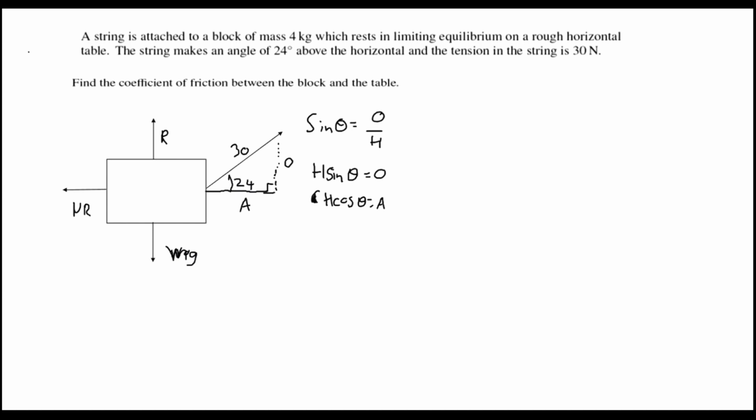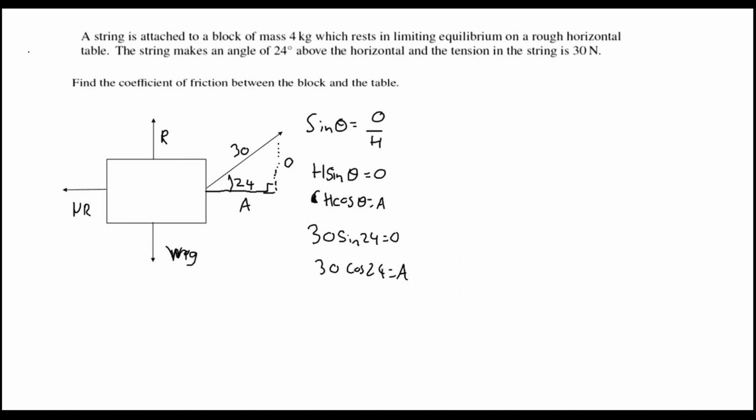We know the hypotenuse, which is 30, and the angle, which is 24. So we can say 30 sine 24 is equal to opposite, and 30 cosine 24 is equal to adjacent.